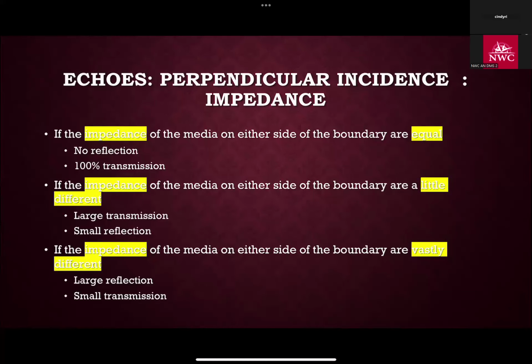If tissue 1 and tissue 2 have equal impedances, then you have to know that there's no reflection. 0% reflection must mean that 100% of the sound wave is transmitted, because remember, the reflected plus the transmitted together has to equal 100. So if there is 0% reflection, there must be 100% transmission.